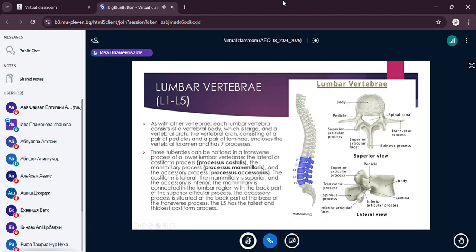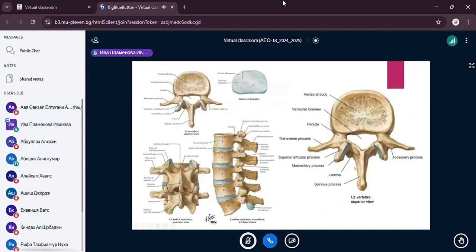which here we can see, maybe here, mammillary. Yeah, here we have accessory processes, this one and this one, and mammillary processes here and here.